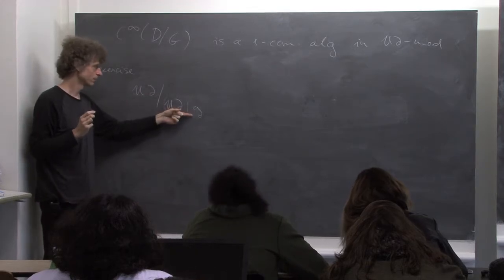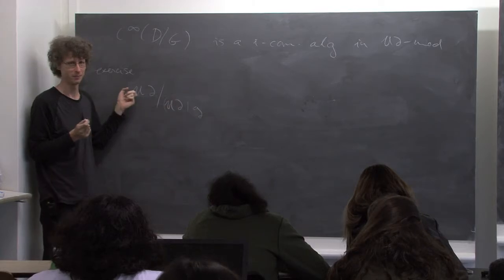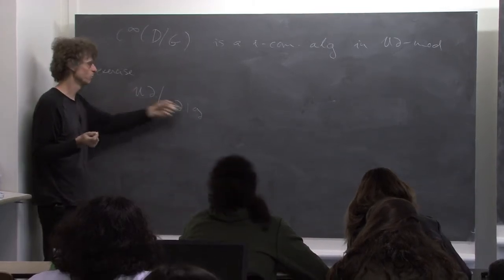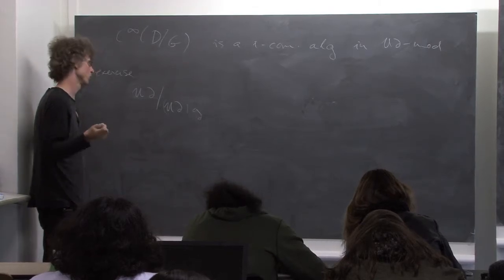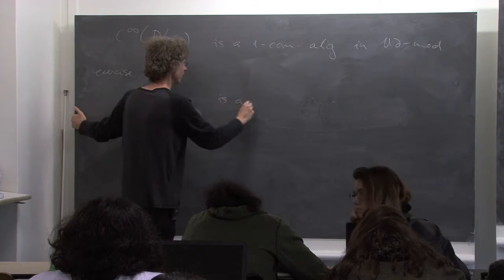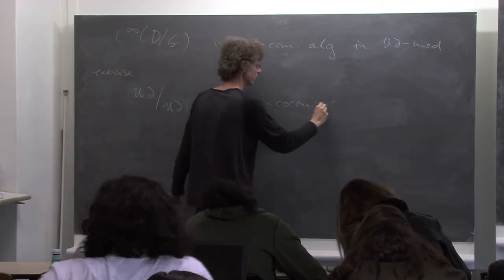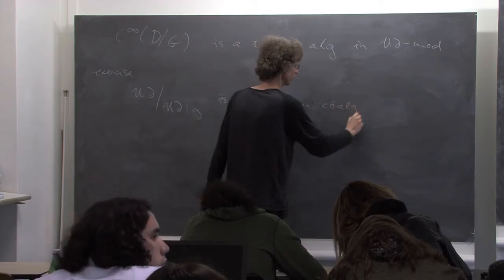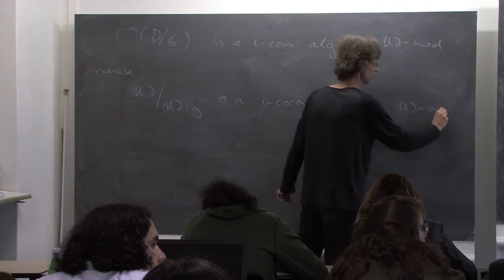It's the ideal generated by G, I think, or no, sorry, it's a submodule generated by G. It's also ideal, but doesn't matter. So this guy is an infinitesimally co-commutative coalgebra in the same category in the UD mod.